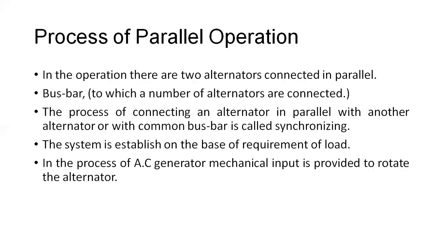So this is the process of parallel operation. There must be a common bus bar, and the alternator and the bus bar must be in synchronizing mode. Between the alternator and the bus bar, all the conditions should be matched. That is known as synchronized.